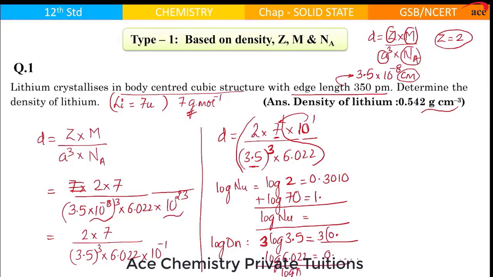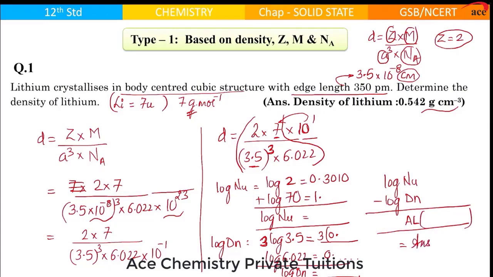That is the log of the denominator. Then the log of numerator minus the log of denominator will give you a number, and the anti-log of that number will give you the answer. Are you aware how you are supposed to do the log calculation? I am not wasting time calculating individual log values. This can be done as a separate session. This is how you are supposed to do the log calculation.